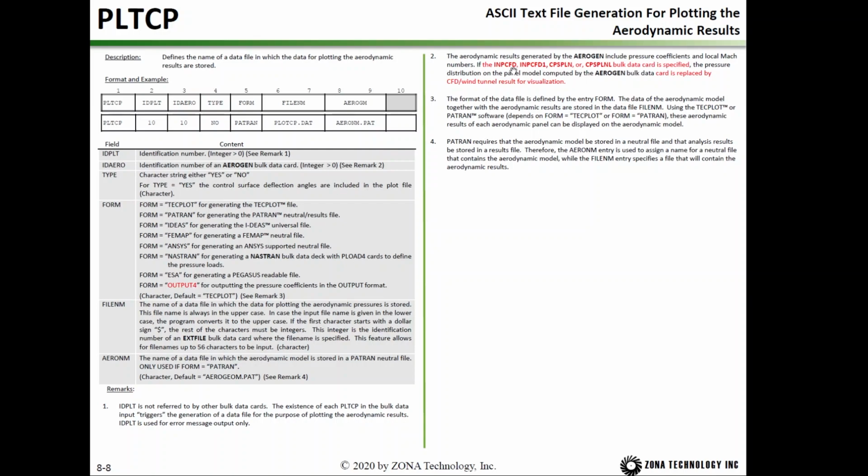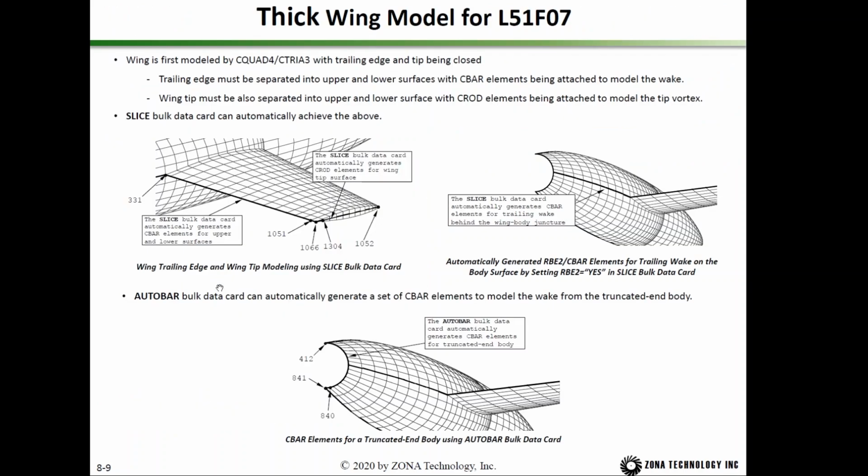And if you have IMPCFV, IMPCFV1, CCPSPLINE, CCPSPLINE1, CCPSPLINEL cards, the pressure distribution on the panel model computed by AEROGEN is replaced by the CFD wind tunnel result, and then you can save those interpolated, replaced CP into the OUTPUT4 format.